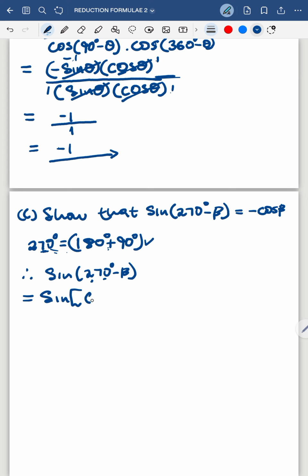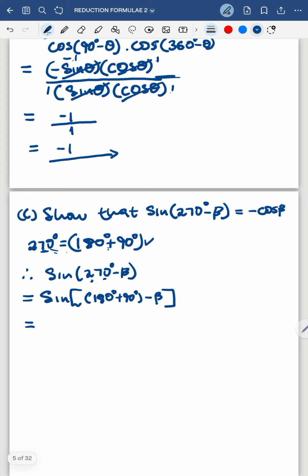So this is what we're going to do. We are replacing this 270 here, then minus beta, the one that was there already. Now we are forming angles.